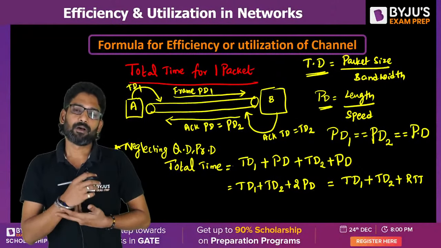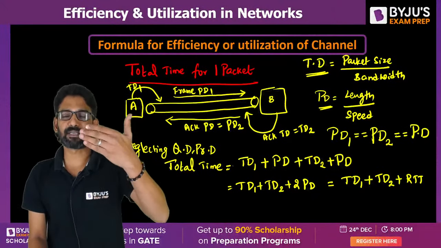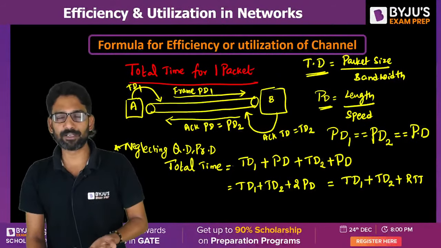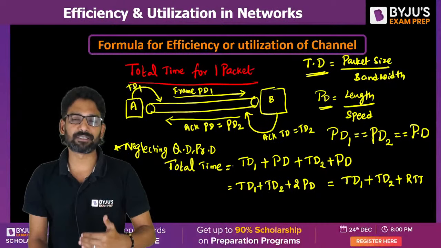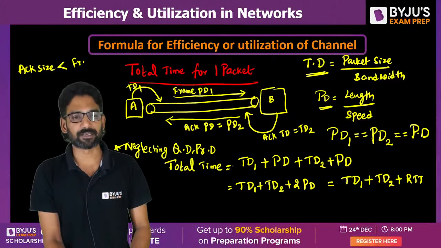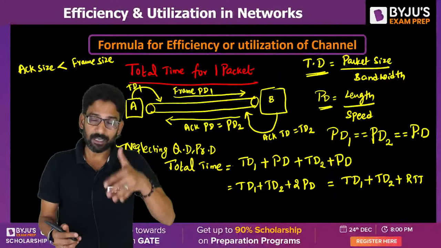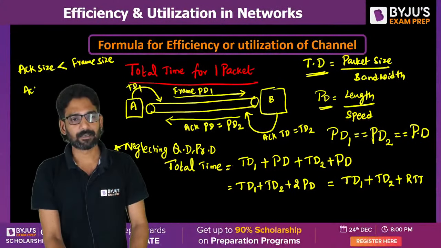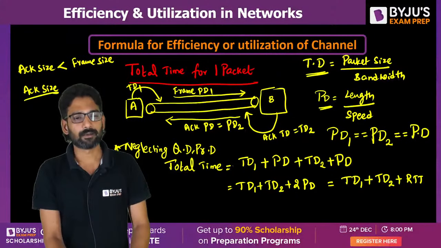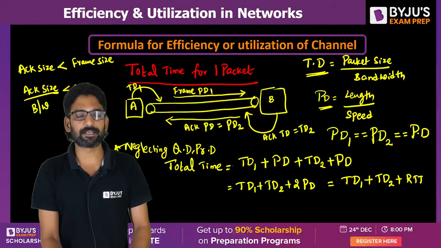Now, how I calculate frame transmission delay, frame size by bandwidth? Acknowledgement transmission delay, acknowledgement size by bandwidth. We know acknowledgement size is less than frame size. Obviously, acknowledgement size will be very less compared with frame size. Such acknowledgement size I am dividing with bandwidth number. So it would be very, very less, right?